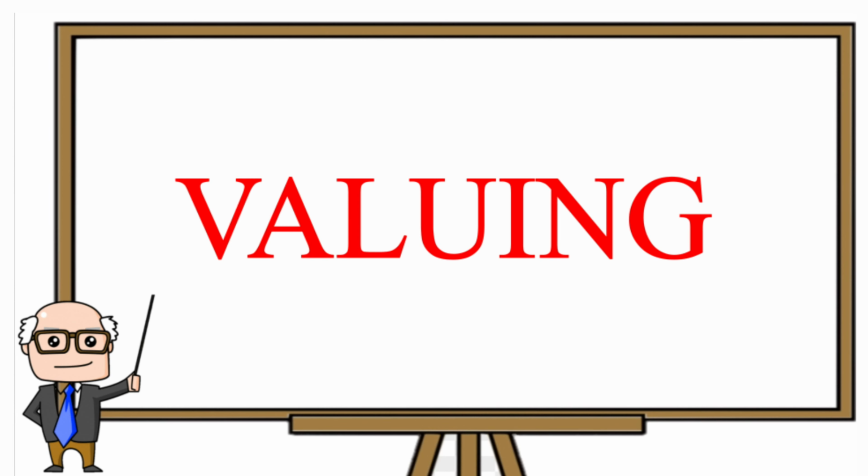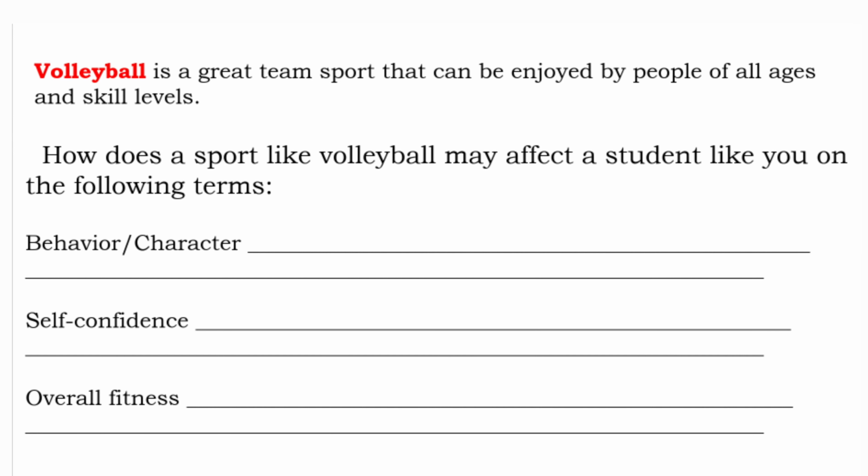For our valuing, please remember that volleyball is a great team sport that can be enjoyed by people of all ages and skill levels. And let's answer this. How may a sport like volleyball affect a student like you on the following terms: behavior or character, self-confidence, and overall fitness?